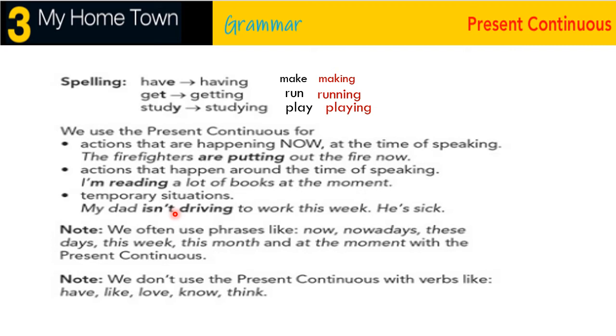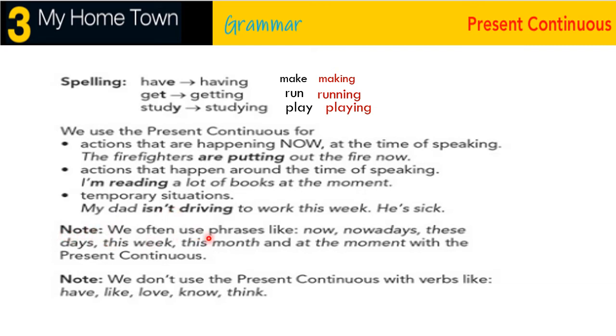So, when do we use the present continuous? You have 3 situations to use the present continuous in. Actions that are happening now at the moment of speaking, actions that happen around the time of speaking, and temporary situations. Okay? Here I have a note.